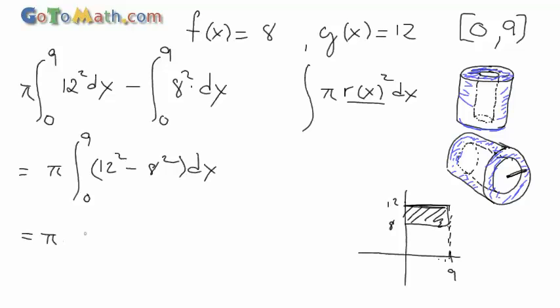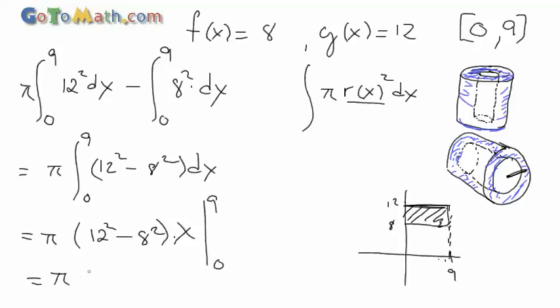So pi, go ahead and take the integral now. 12 squared minus 8 squared times x, going from 0 to 9.